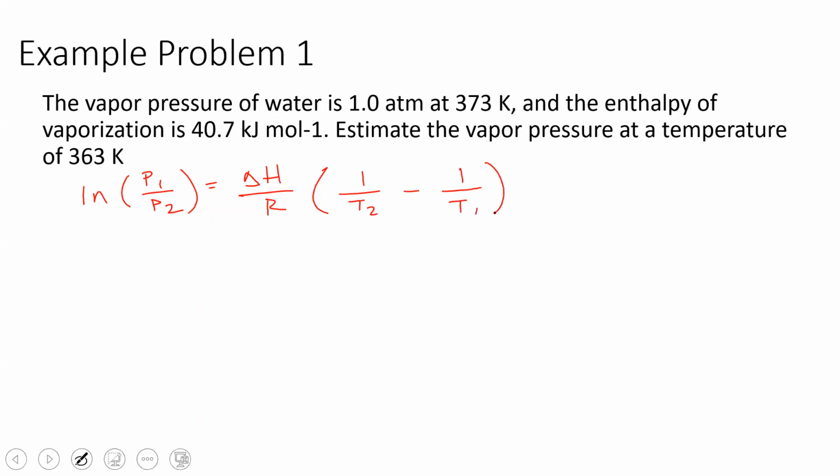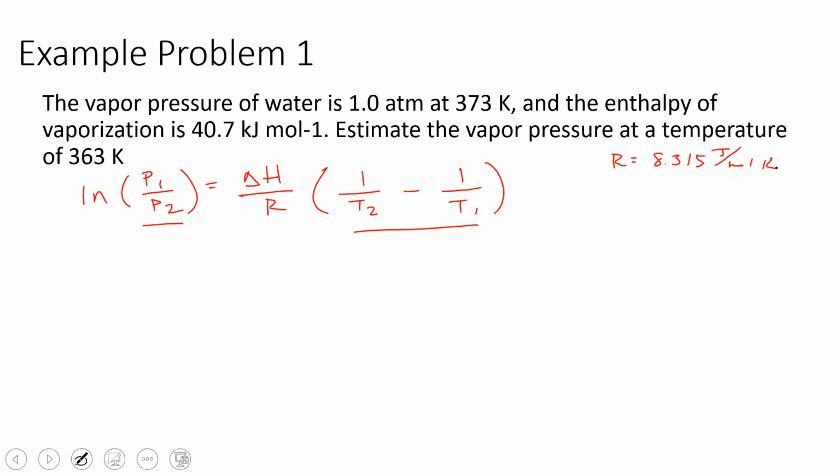Now, these are two pressures over here on the left. These are two temperatures. Our R is equivalent to 8.315 joules per mole Kelvin. And delta H will always be in joules per mole.